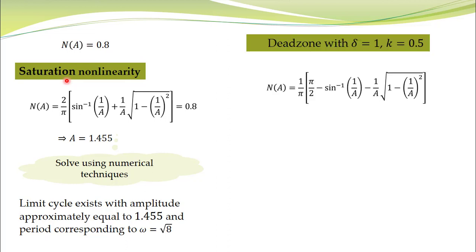The second nonlinearity was the dead zone nonlinearity, and we derived the describing function for dead zone nonlinearity in our previous lectures. So we substitute here N of A by this relation, set equal to 0.8, and again we find that there exists no solution to this equation.